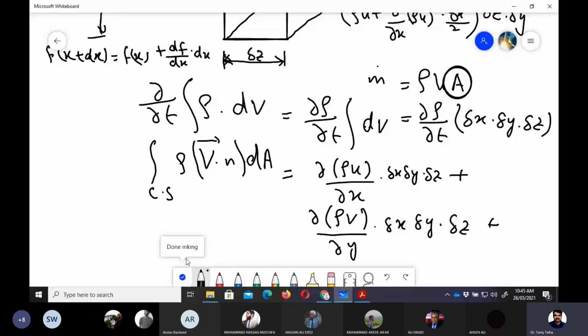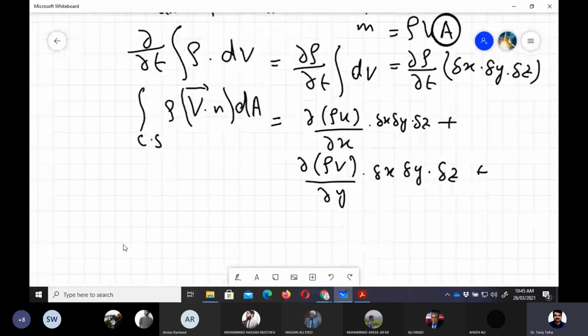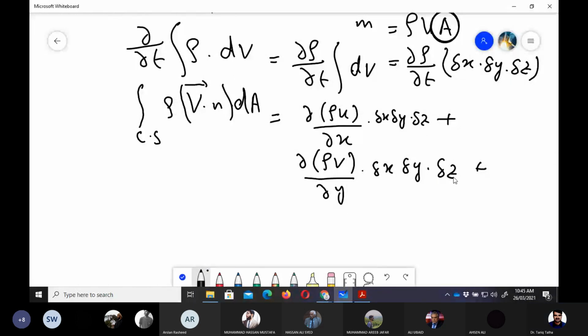Similarly, for the z direction, partial rho w by partial z into del x del y del z. Right.